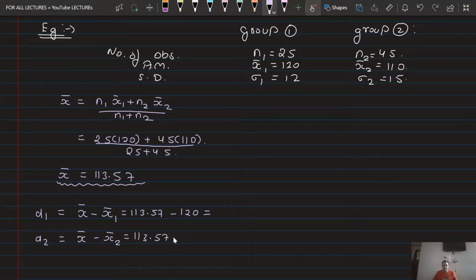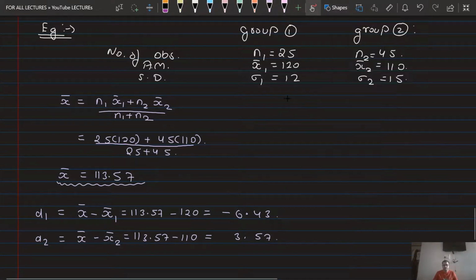Yes, I am waiting for your answer. First one is 6.43. It has to be negative 6.43 because 113 is smaller. And the second one is 3.57. Yes. So now with the help of these values, you will be able to calculate your required value for the combined standard deviation.